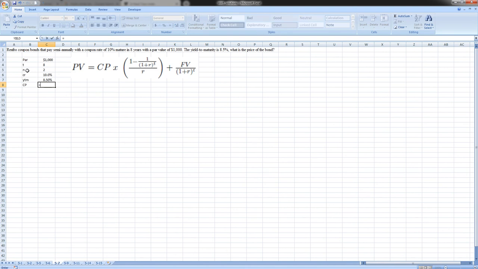So again, our coupon payment is equal to the par value times the coupon rate, and then we're going to divide by n so that we get the semi-annual coupon payment.